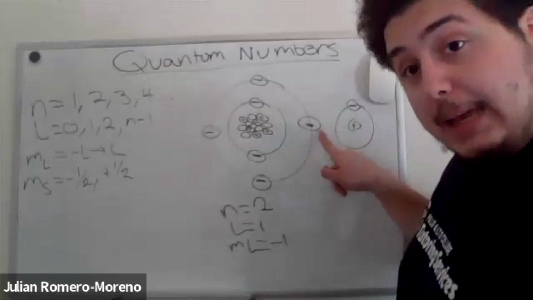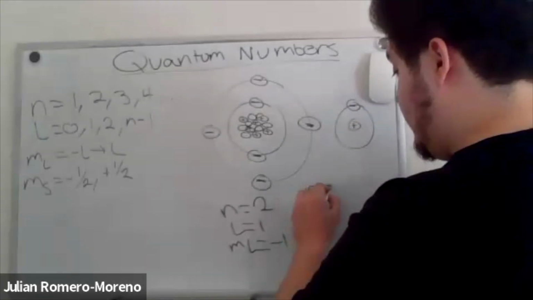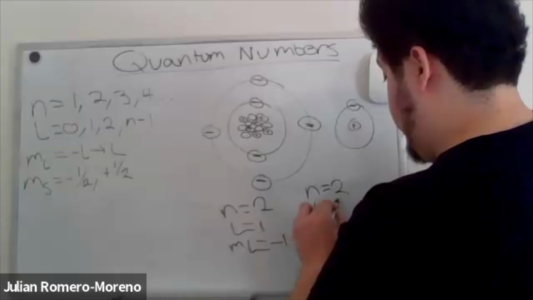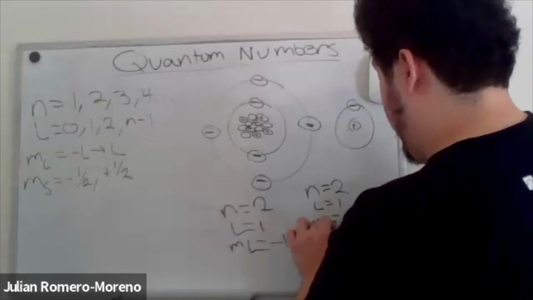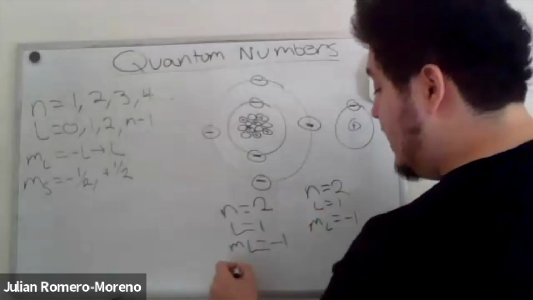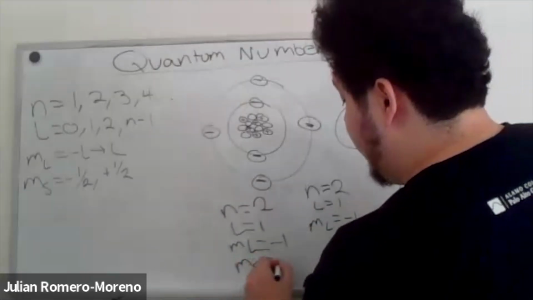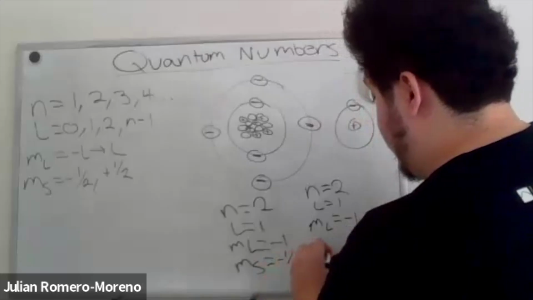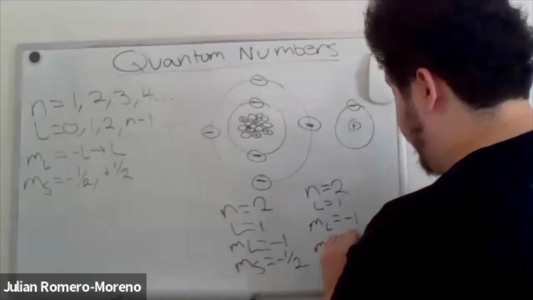And this could be the same. This could also be n 2, l 1, and ml negative 1. But if that's the case, then the electron spin number would need to be different. So this would have to be negative half, and this would have to be positive half.